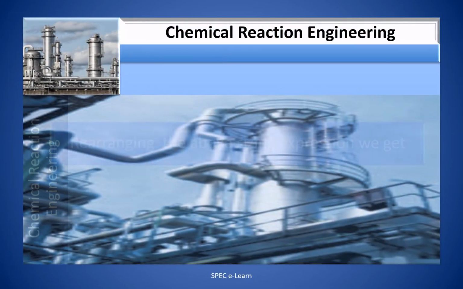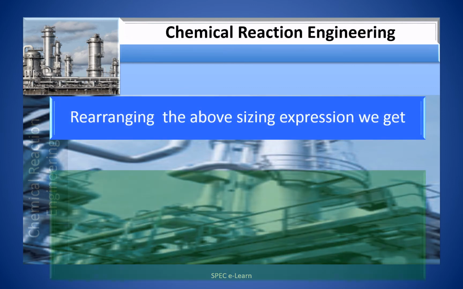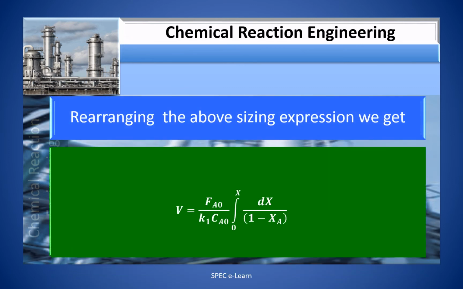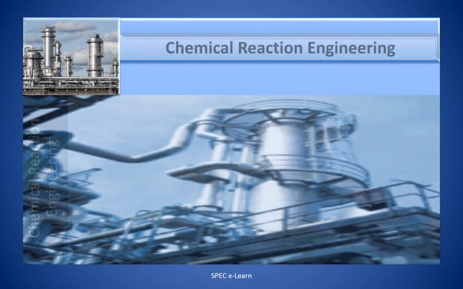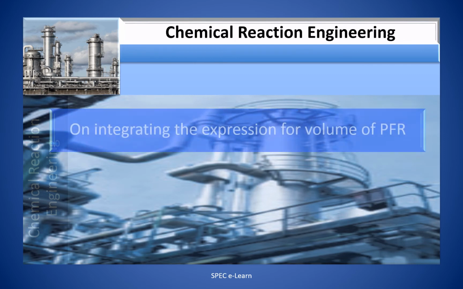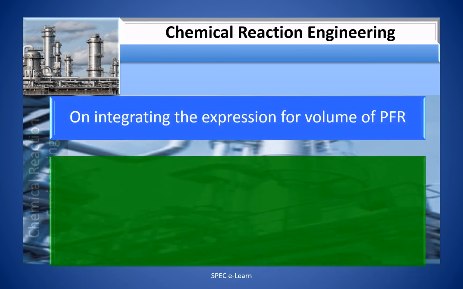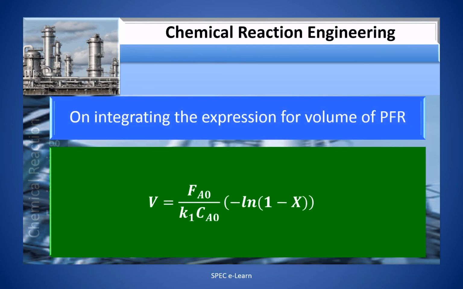Rearranging the above sizing expression, we get V equal to Fa0 divided by k1 times Ca0 integral 0 to X dX divided by (1 minus Xa). On integrating the expression for volume of PFR, V becomes Fa0 divided by k1 times Ca0 into minus ln of (1 minus X).